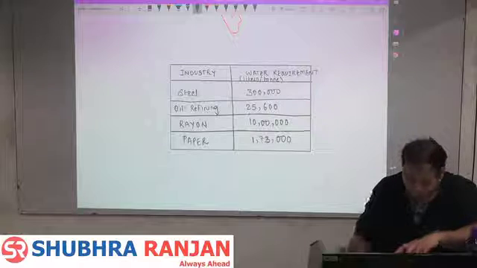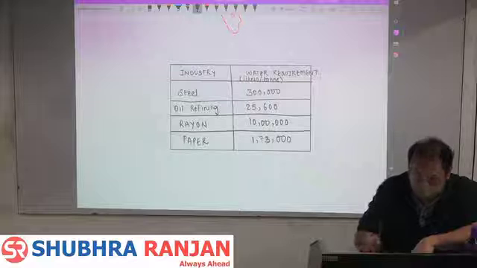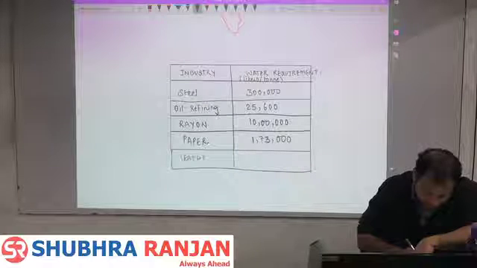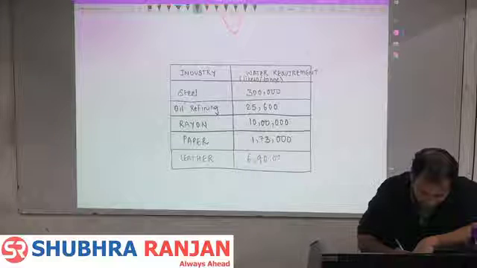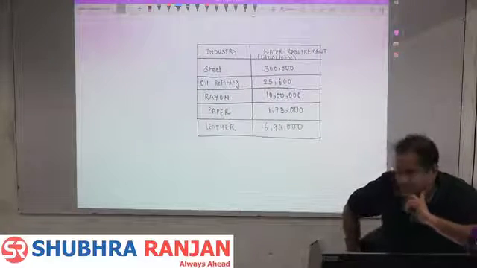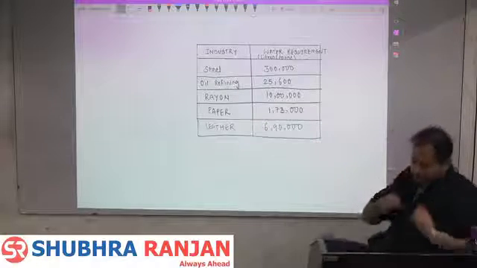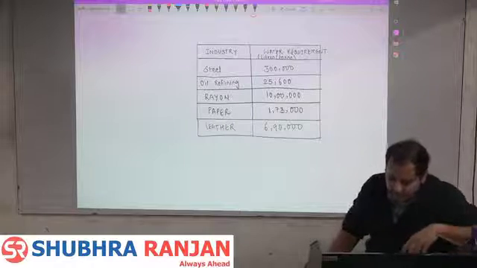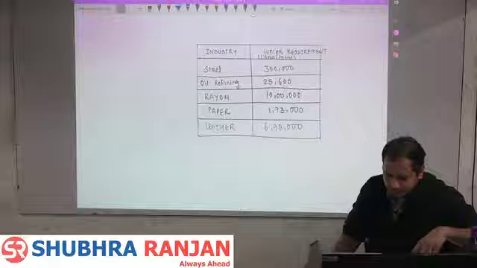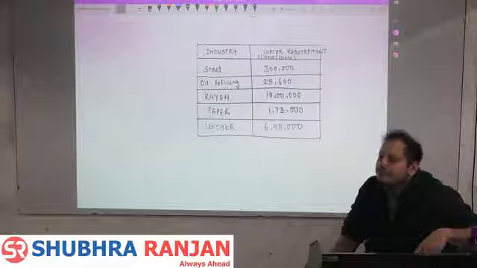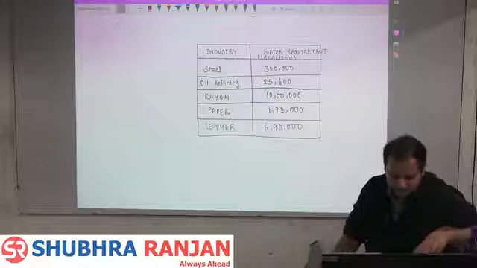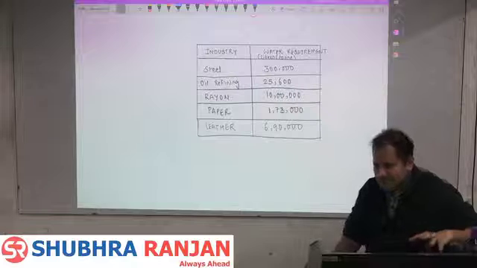Leather industry also requires a very huge amount of water, 6,90,000 liters per ton. That is why all the leather industry is around the Ganga. Clear?